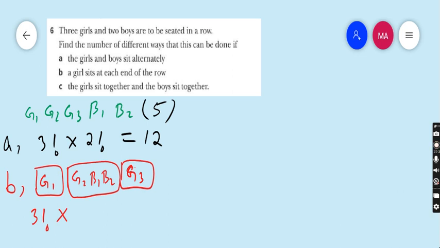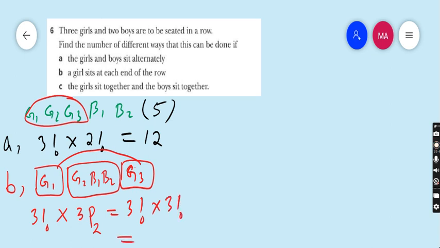So we have three girls, and out of these three girls, two girls can be arranged in the first and last positions. So we can write it as 3P2. 3P2 or 3 factorial both have the same meaning. So we have the answer 36.